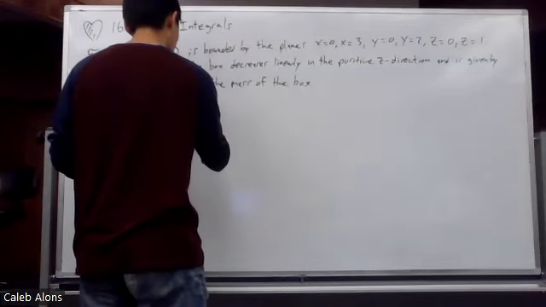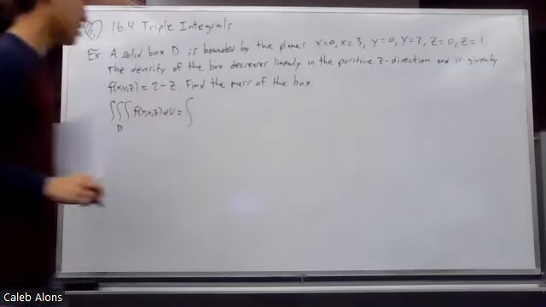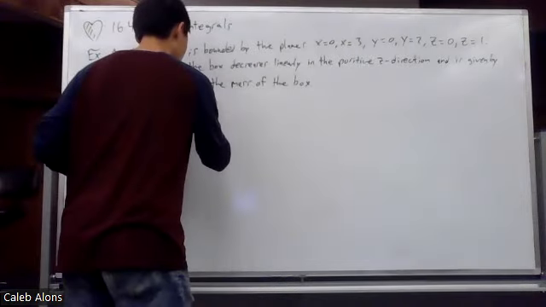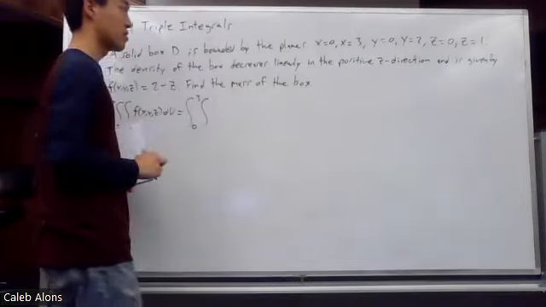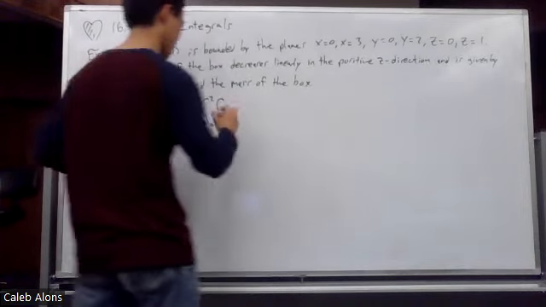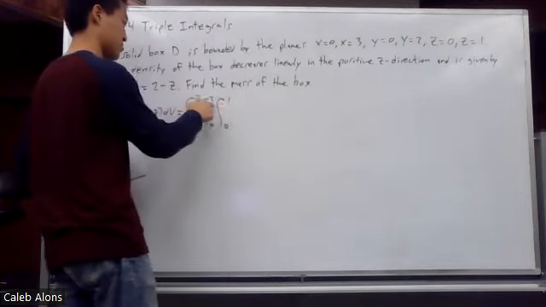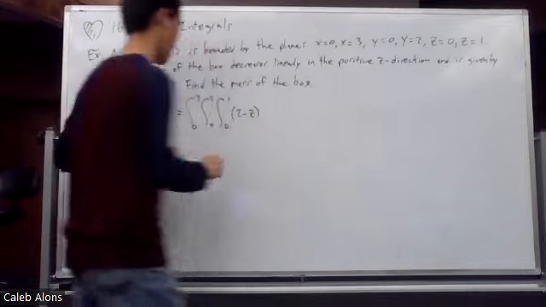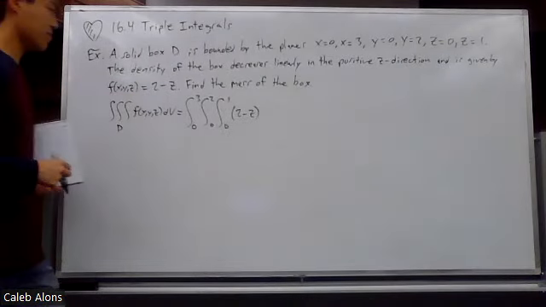So x is last. If we're doing that, what's going to be the outermost? 0 to 3. What's the middle? 0 to 2. And then if I want to do z first, what's that going to be? 0 to 1. Nice. 3, 2, 1. Then 2 minus z is my integrand, don't forget that's the actual thing we're integrating.